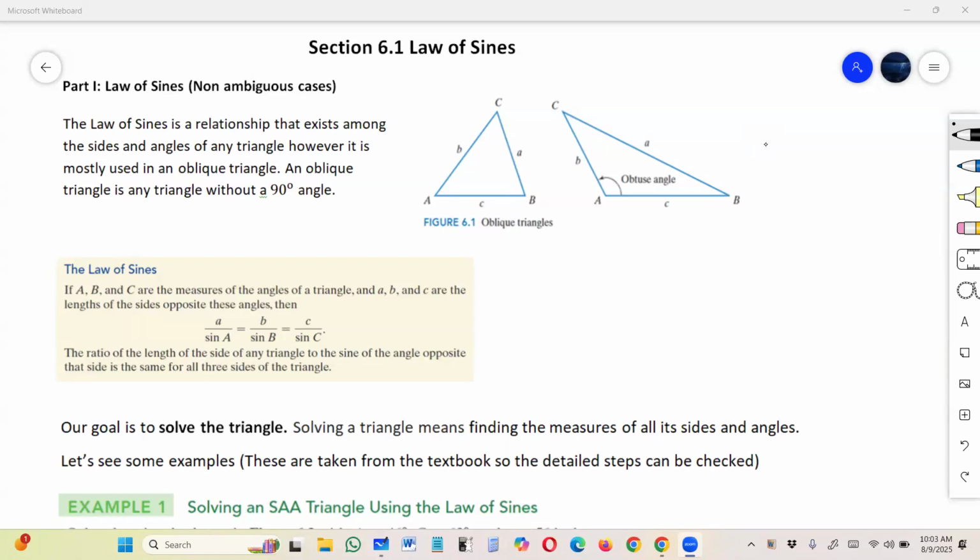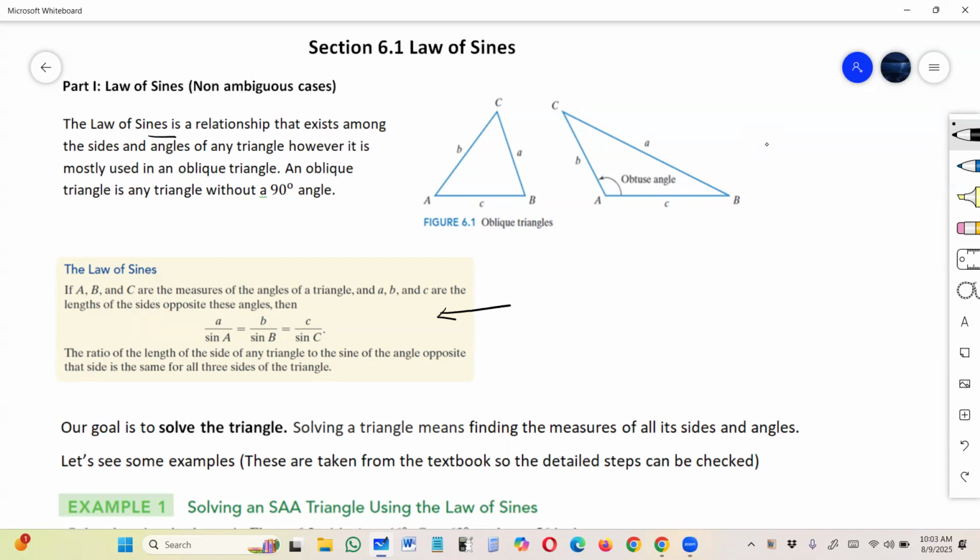First of all, the law of sines is one type of relationship. There are many relationships that we can get on triangles. This one is called the law of sines. You can see right here that for any triangle, the law of sines is true.